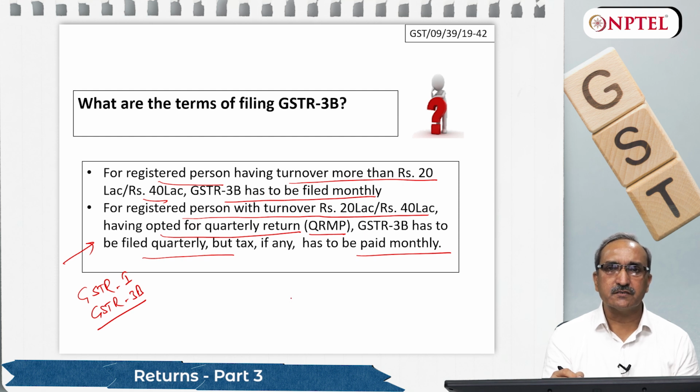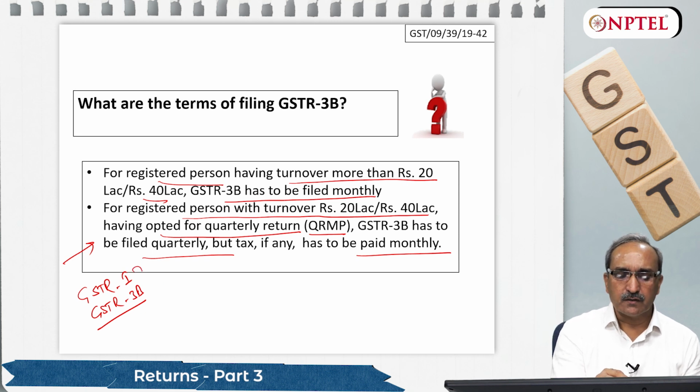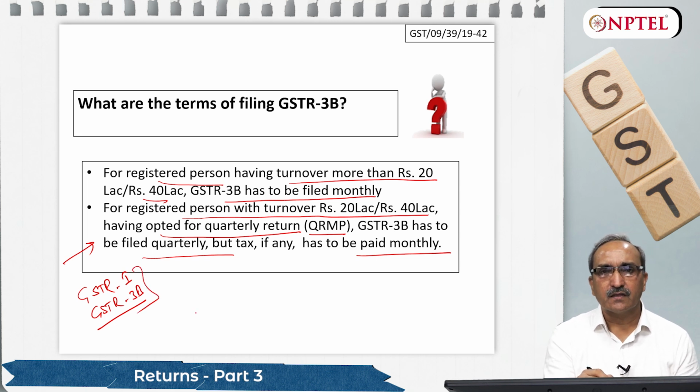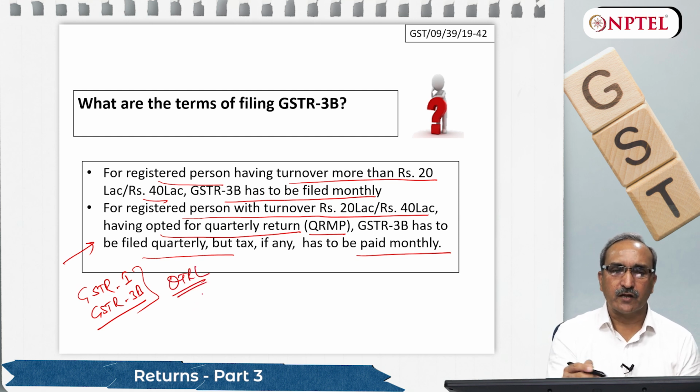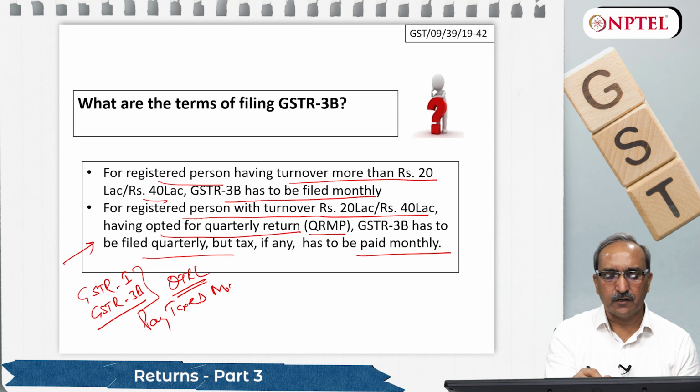QRMP means you file your GSTR 1 and 3B quarterly also, but pay taxes monthly.